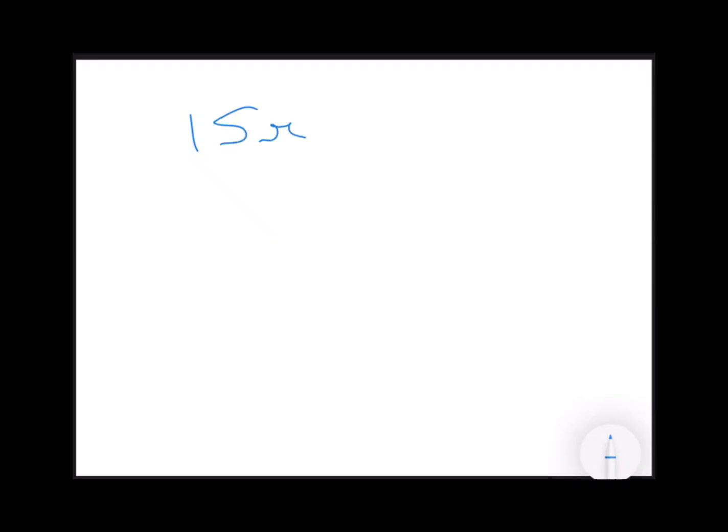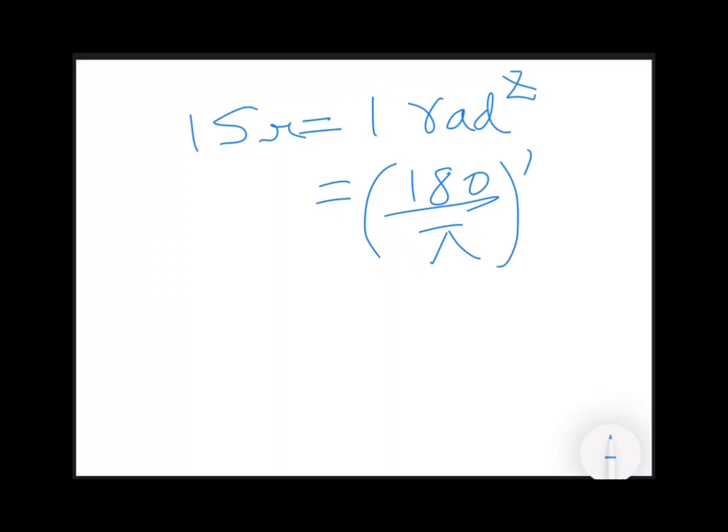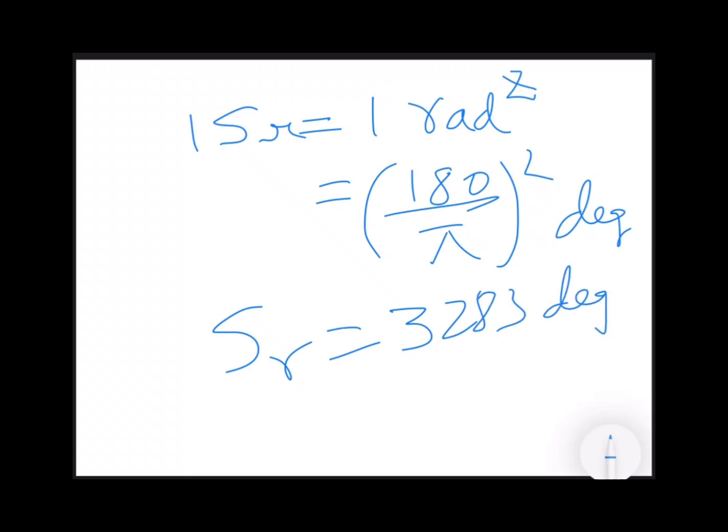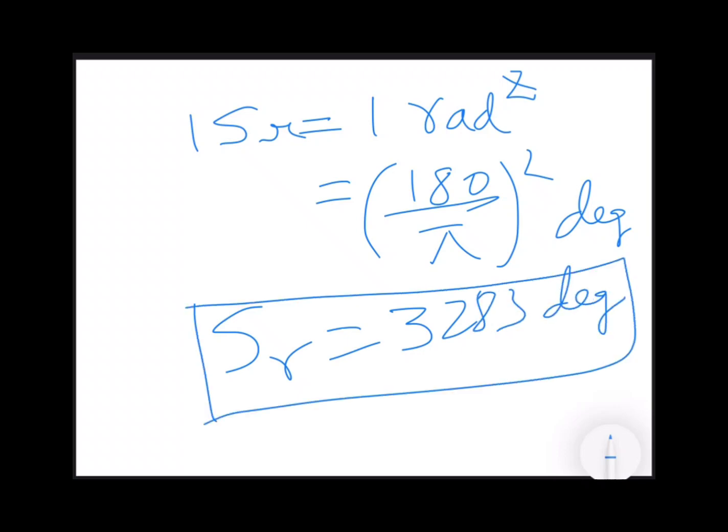Steradian is expressed as SR. So one steradian is equal to 1 radian square, and 1 radian square is equal to 180 divided by pi whole square, expressed in degrees. And finally, I can write 1 steradian is equal to 3283 square degrees. You should know this because these values can be asked in objective questions. So 1 steradian is equal to how many degrees? It is 3283 square degrees.